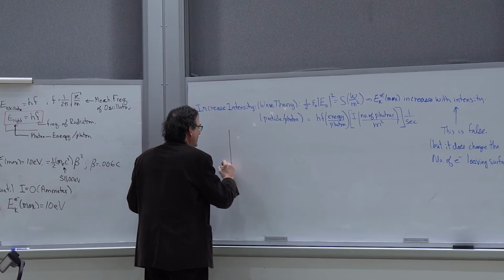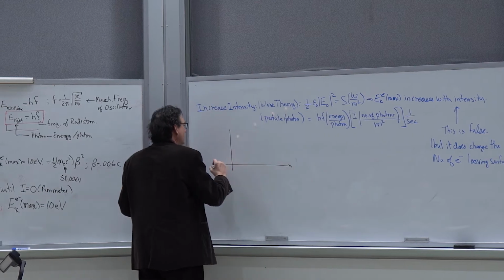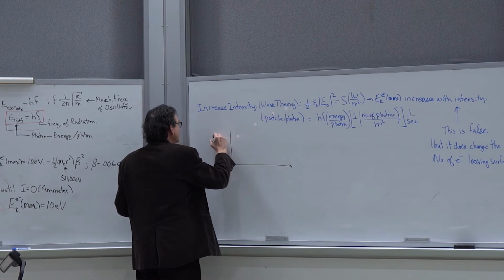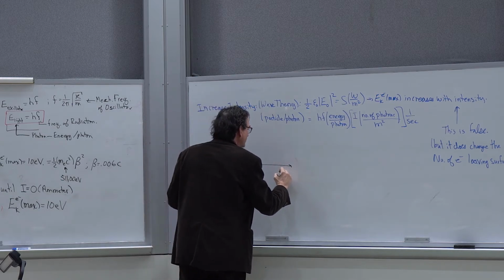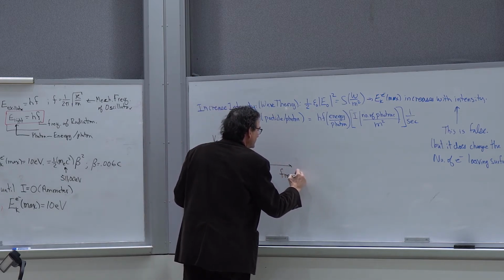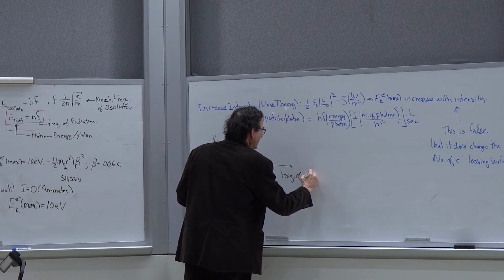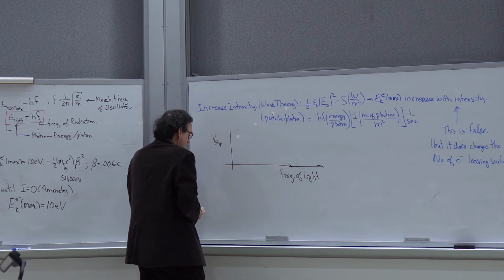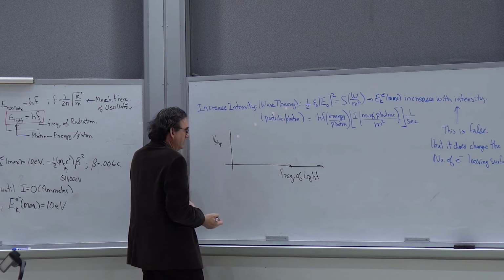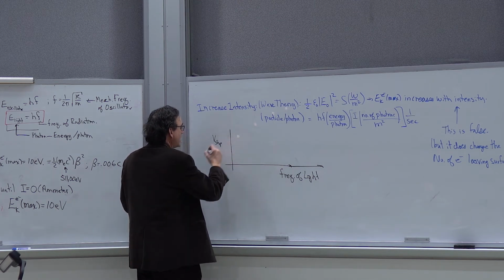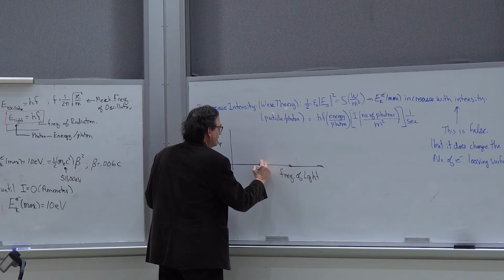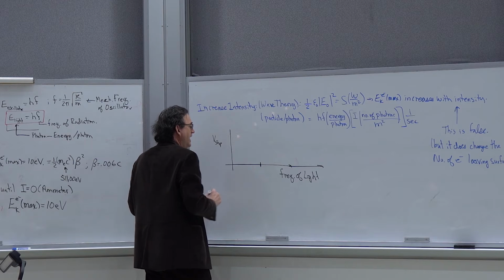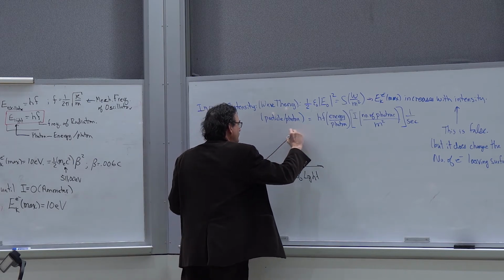The plot we're going to look at is the stopping voltage, V stop, versus the frequency of the light. And what we find experimentally is that the stopping voltage is 0 up to some critical value, which is right here, and then it begins to increase linearly.